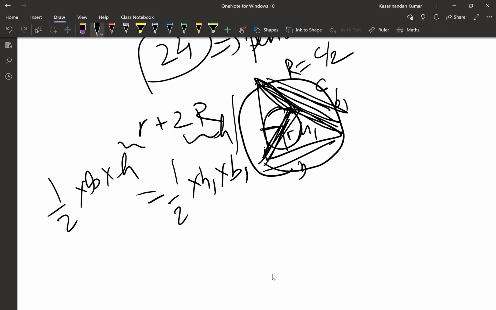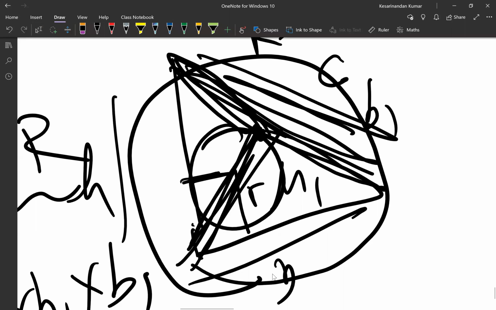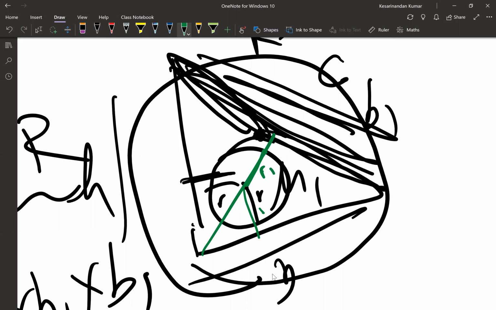Okay, perfect. Now let's zoom into this h1 part. This is r, this is r. Now what is this h1, this total h1? This is r, this is r, this is r. So what will be this part? Root 2r.